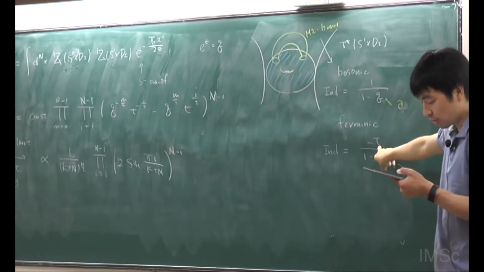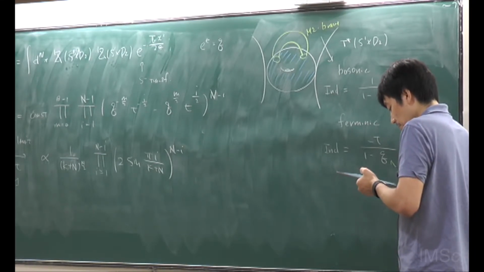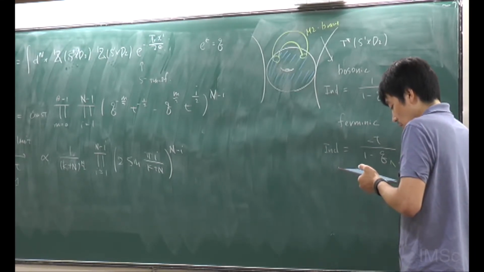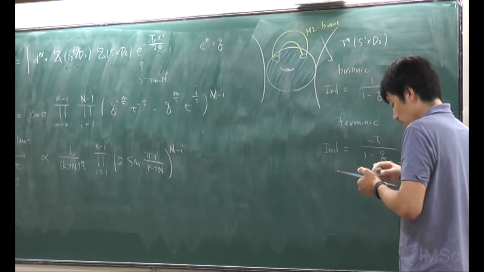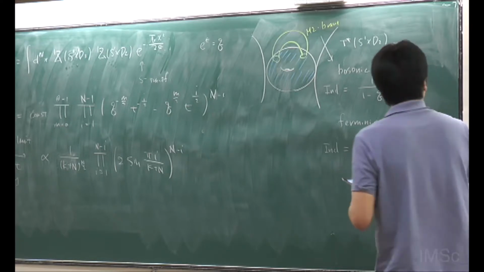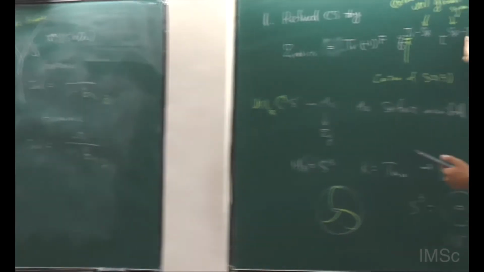T comes from the U1 charge, the U1 charge coming from here.